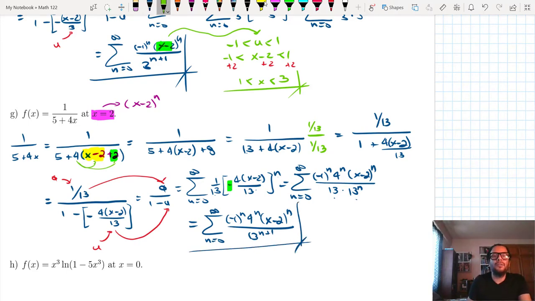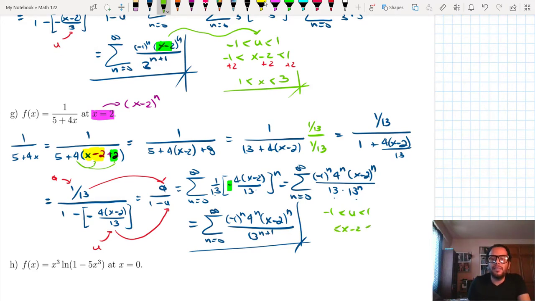Now the interval of convergence for this series, what is it going to be? We said u between -1 and 1. And in this case, we have an x minus 2.